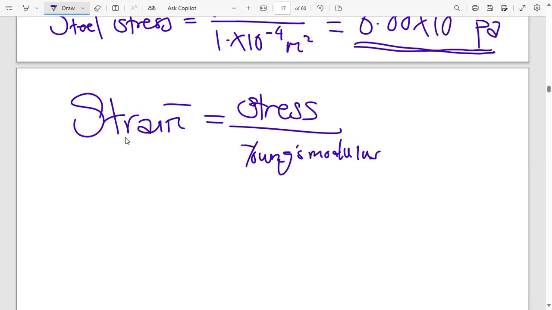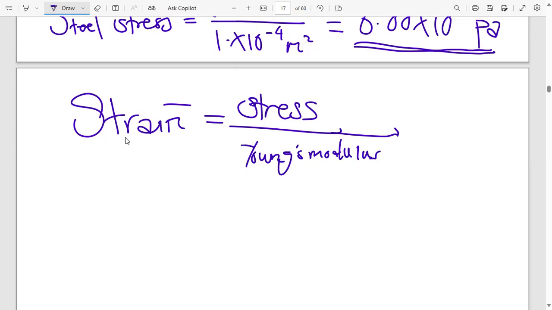Unless you have the time, you can bring back those formulas to calculate the extensions first, saying F multiplied by initial length over area multiplied by Young's modulus. But in this case, we can express it in simple terms like this.